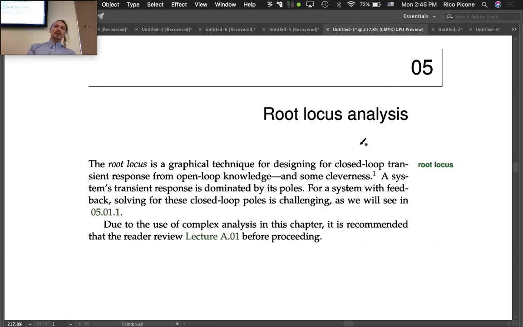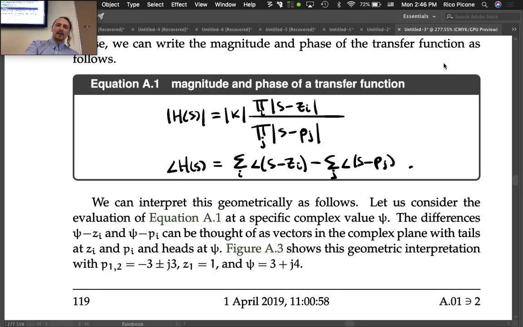We want to come up with a geometric interpretation of the magnitude of the transfer function and the phase of the transfer function in terms of its poles and zeros. That's what we're going to do right now, and it's a little bit subtle, but I encourage you to really invest in understanding this. It's going to be worth it. It'll pay off.